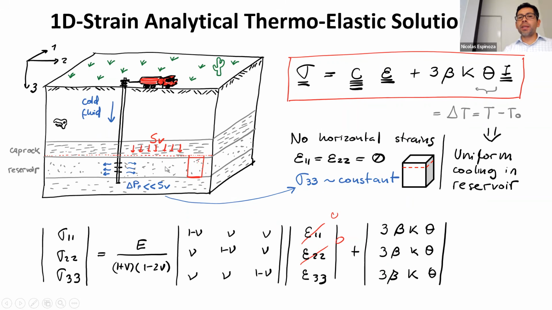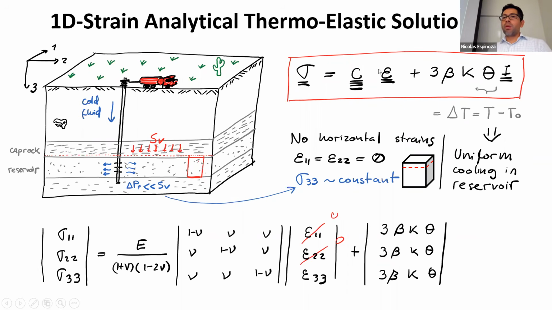And we want to predict what is going to be the change of temperature in this formation, and the change of stress due to a change of temperature. When I was working on this, I didn't develop it specifically for geothermal energy, but just for a change of temperature. And this also happens, for example, if you were to inject any fluid in a formation.